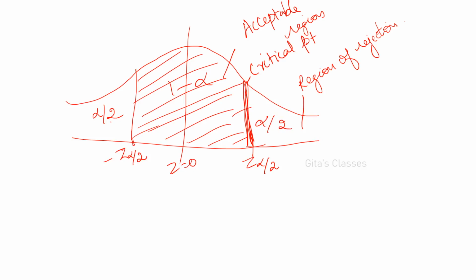You have to remember these values also. For 95%, remember 1.96. For 99%, 2.58.